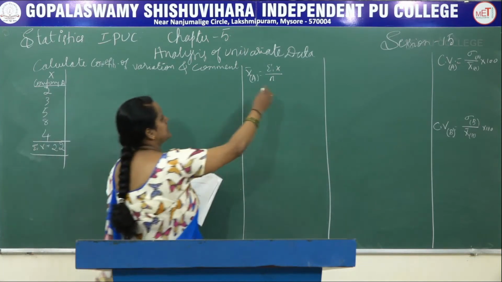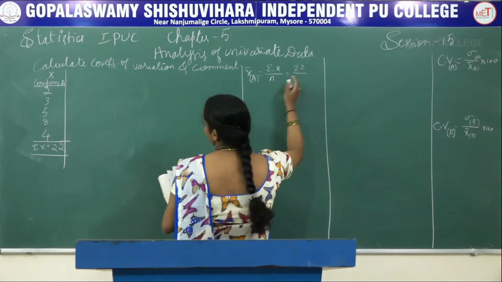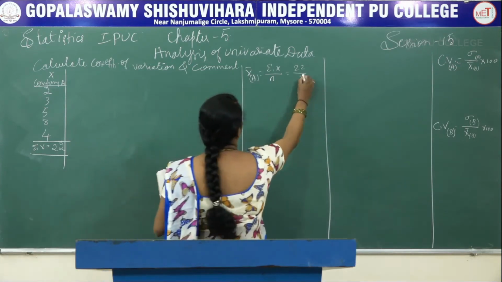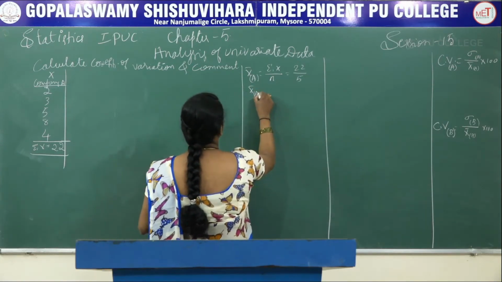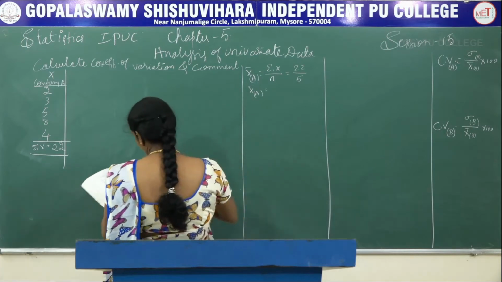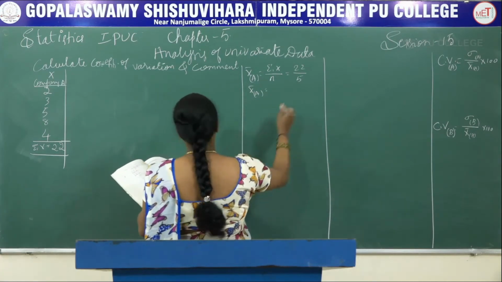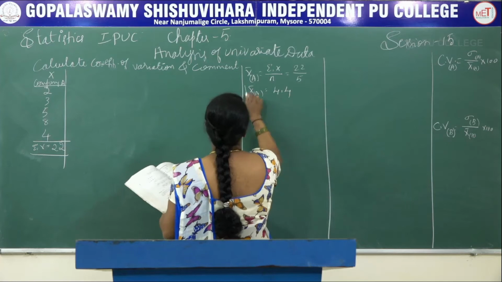So X bar is equal to 22 divided by N, which is 5. So X bar of company A is equal to 4.4.